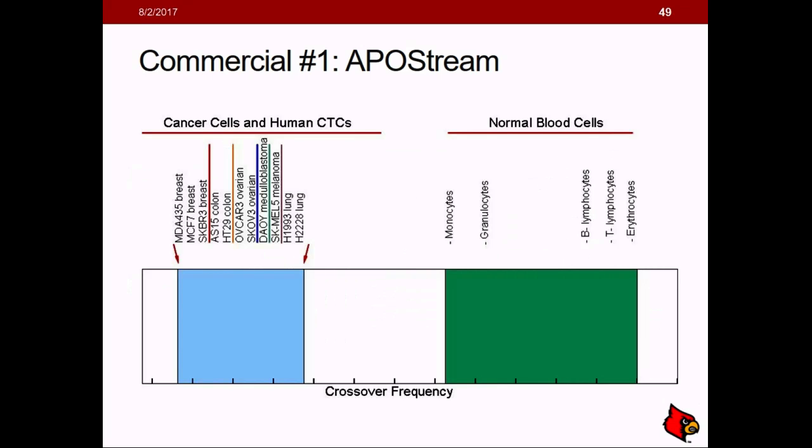Looking at different types of cells, they found that at a certain crossover frequency, the normal cells will experience negative dielectrophoresis, and the cancer cells, circulating tumor cells, will experience positive dielectrophoresis and be trapped. So it's a flow sorting system.